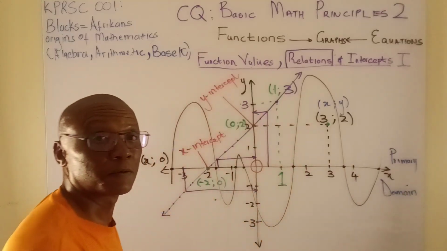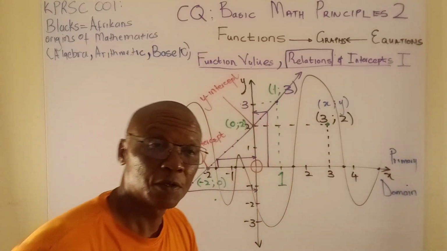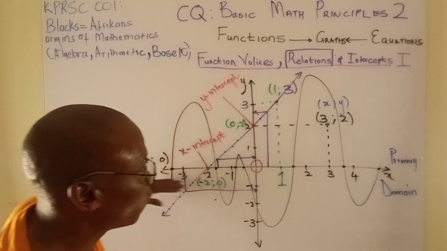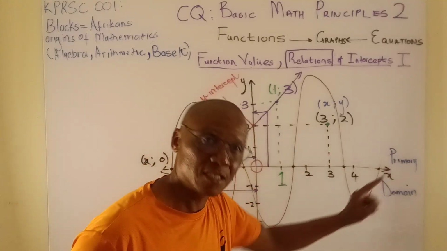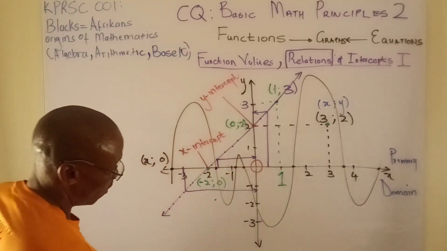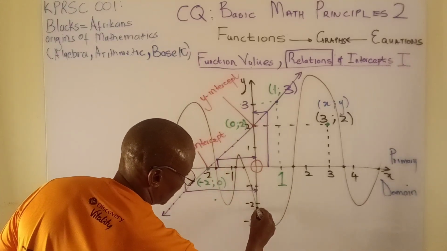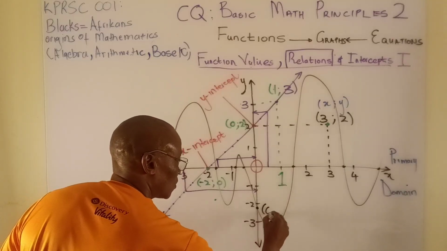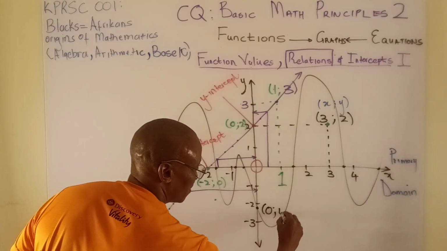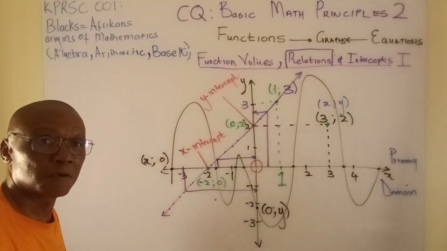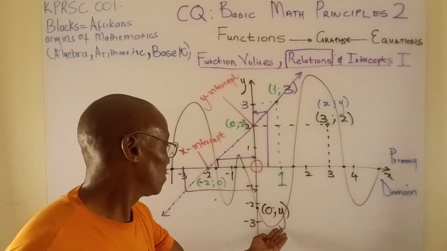That's it. Period. And they are all happening at y equals 0. The y-intercept is happening at x equals 0 itself, whatever the value of y is. I'm just putting it general. It's just a value. Right?